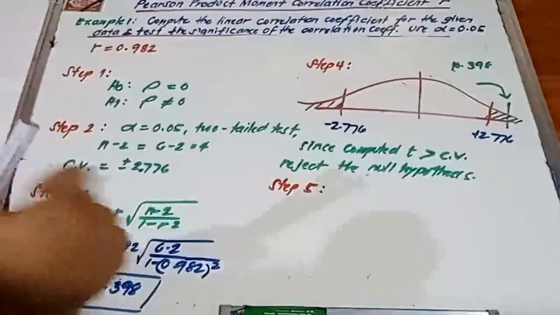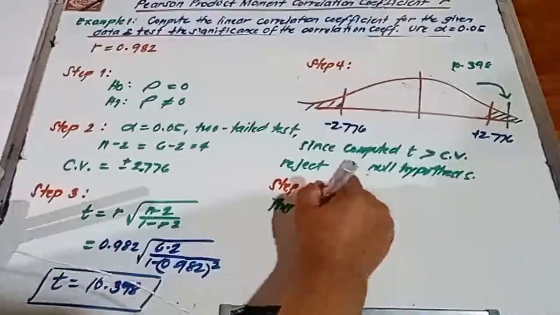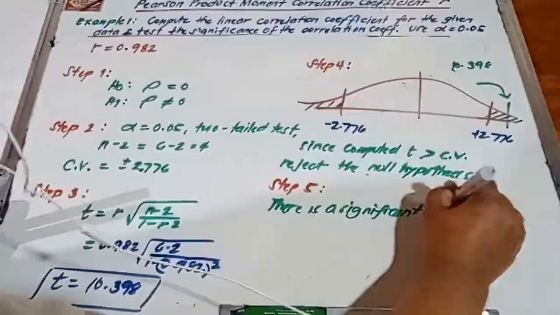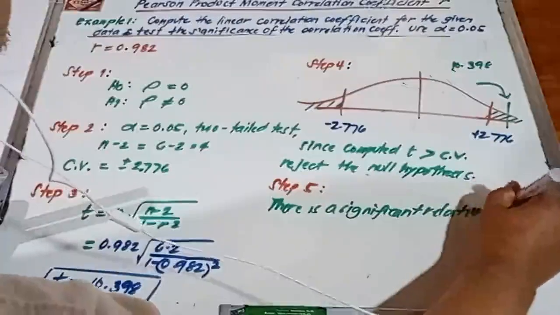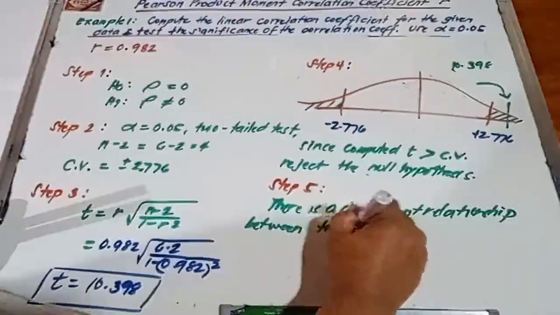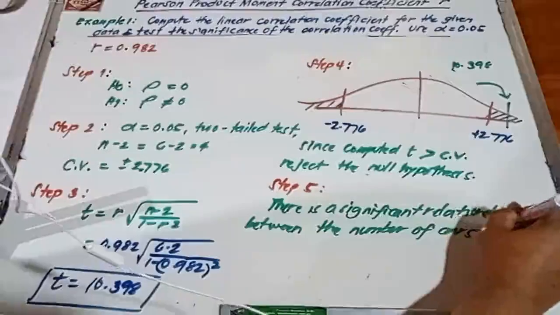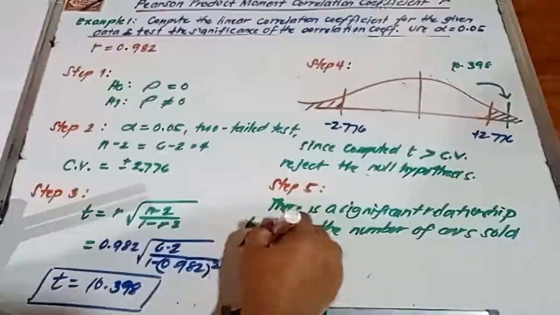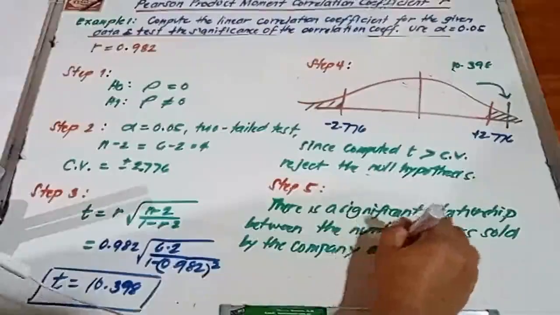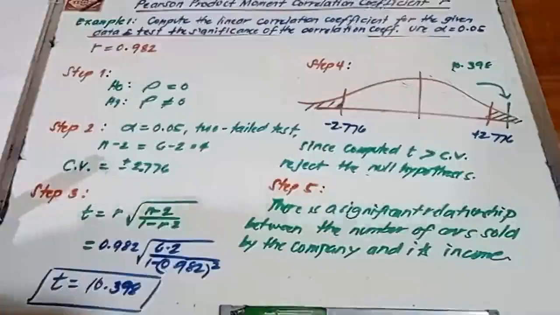So therefore, there is a significant relationship between the number of cars sold by the company and its income. Okay, so that is our last step.